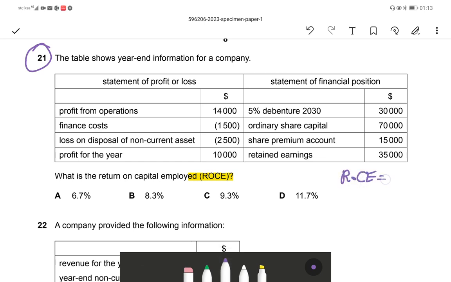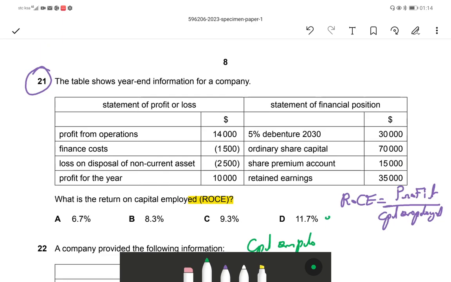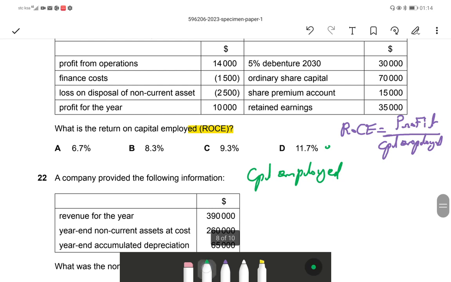ROCE is equal to profit from operation divided by capital employed. What is capital employed? Capital employed is equal to capital plus long term liability.